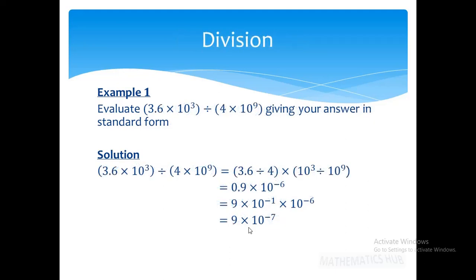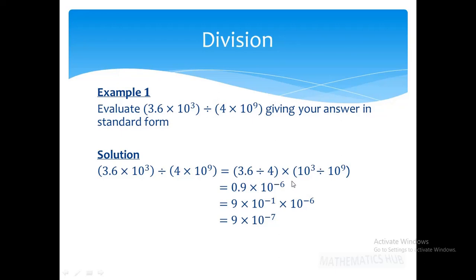Let's move on to division. We have the question: evaluate 3.6 times 10 to the power 3 divided by 4 times 10 to the power 9. Again, giving your answer in standard form. So here we're going to say 3.6 divided by 4 times 10 to the power 3 divided by 10 to the power 9.